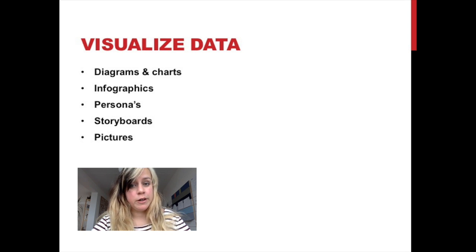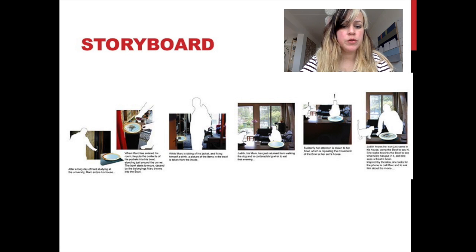Then you can create storyboards. Here you see an example of a storyboard. This one is used to describe how a user is using a fictive product or a design product. But you can also use the storyboard to show a journey or a timeline, or how people currently use their products.